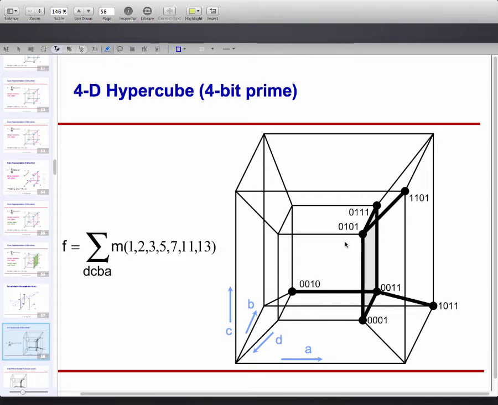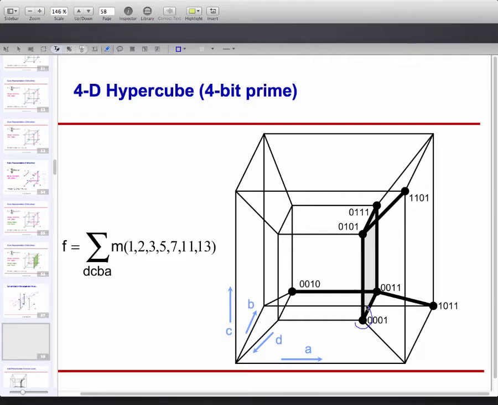And the dimension which is connecting the two is the D dimension. So think of our outer cube as our original ABC, but with a value of D equal to 1. And I have an inner cube which corresponds to, again, DCBA, but it has a value of D equal to 0.